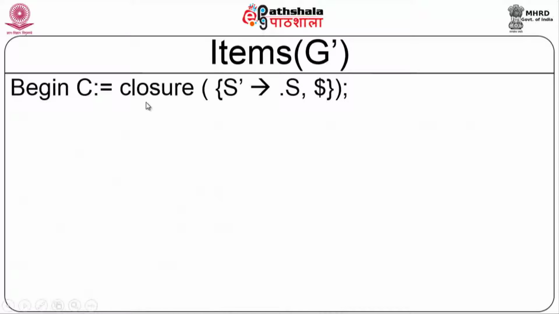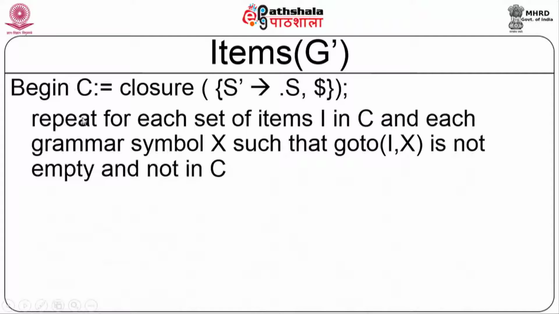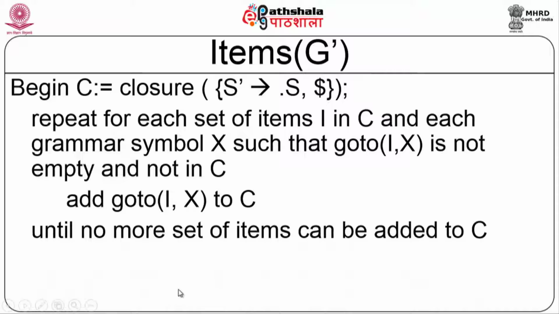For the items of G dash, I will start with closure, and add the first production with a dollar. So, this is how I start, and then repeat for each set of items I in C and for each grammar symbol X such that goto of I comma X is not empty and not in C, I keep on adding goto of I comma X to C, until no more sets of items can be added to C. So, again this calls for item set construction, determining closure and determining goto.